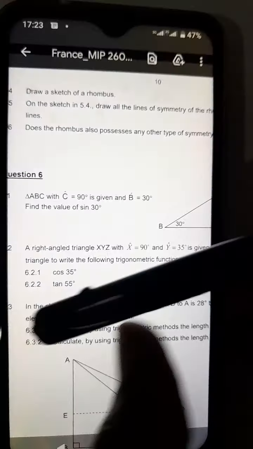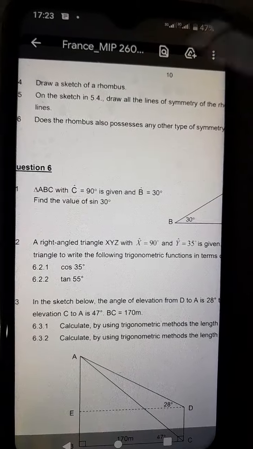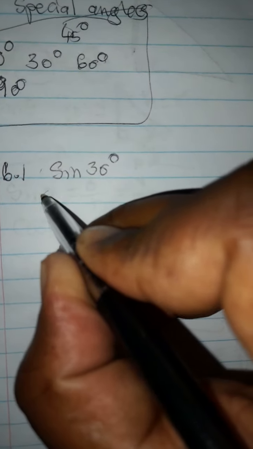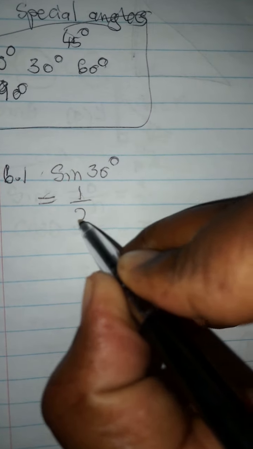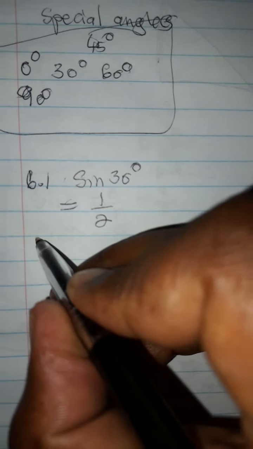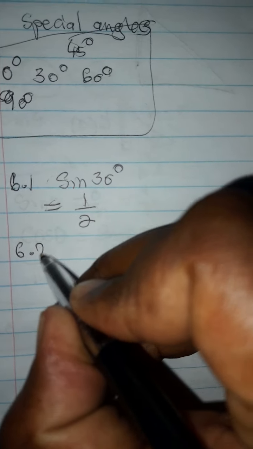Then it will be half, meaning that the value of sine theta at 6.1 will be sine 30 degrees, which will be half. So that's how you can work out 6.1.